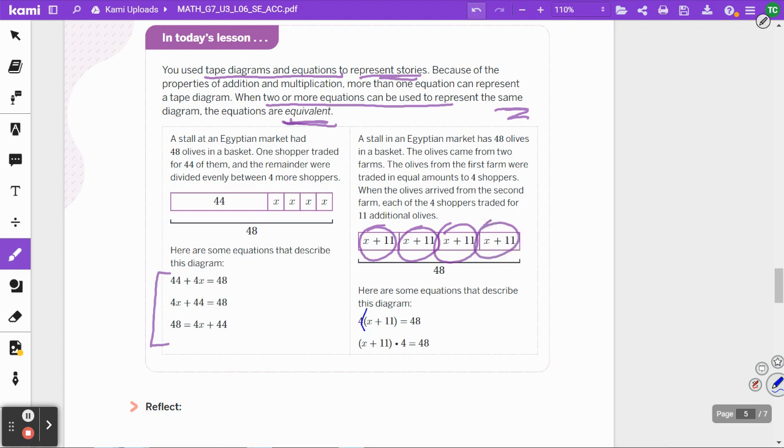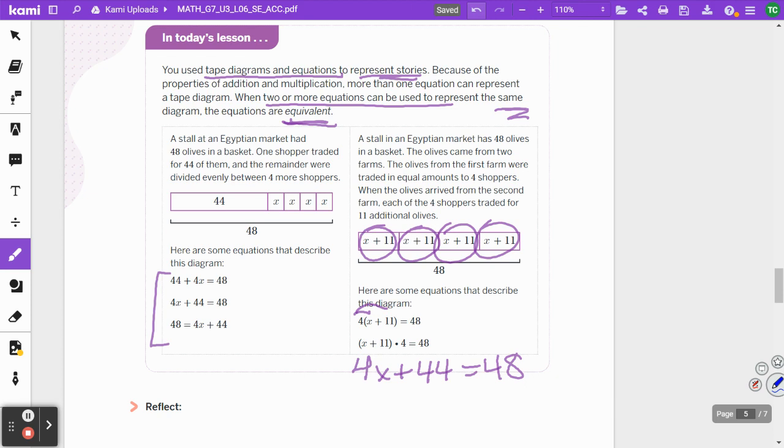Well, that's when we use sets or grouping symbol notation, right? And of course, you can write 4 in the front, most of us do, but you may also write times 4 sets in the back as well. Interestingly enough, when you think about this, if you were to distribute, what equation do you get? You get 4x plus 44 equals 48. Very different situations, also leading to the same equation.